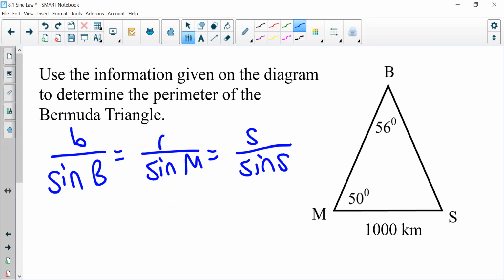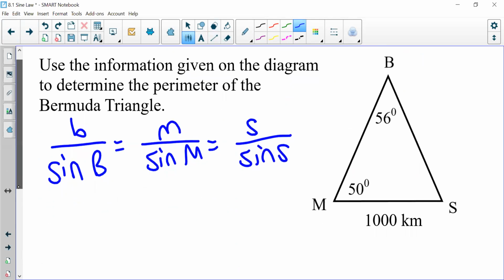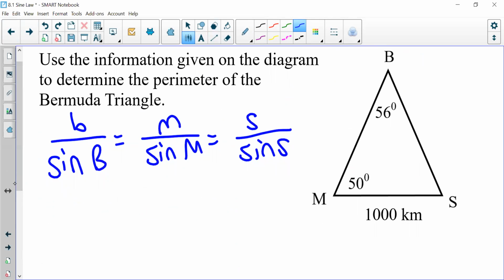What do we know from this triangle? We have two angles, and to make a triangle, it's 180 degrees. So you could add those two angles, subtract them from 180, and then you could find out that angle.